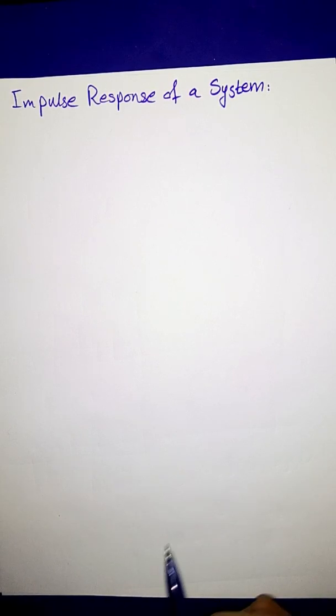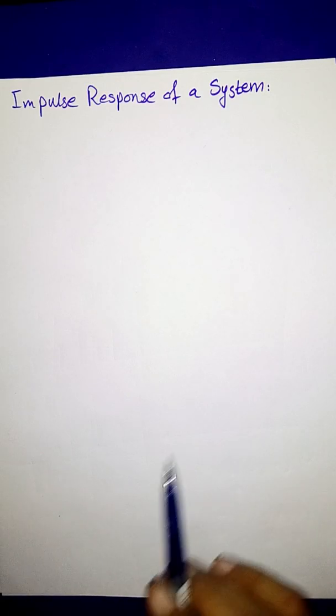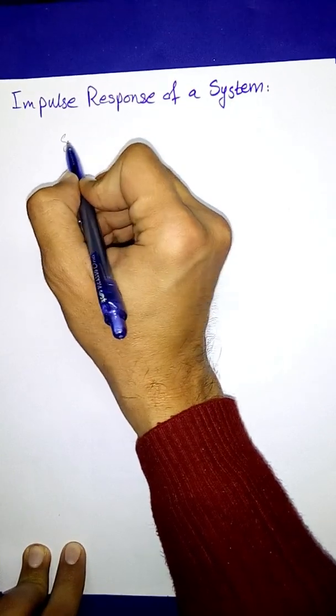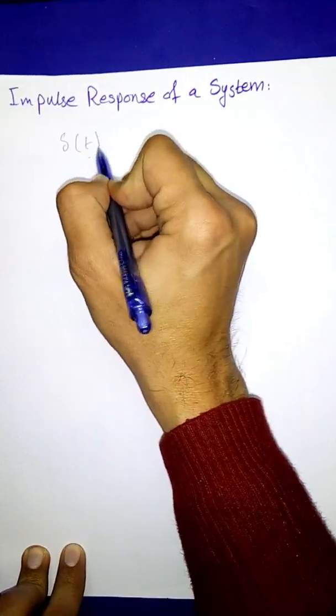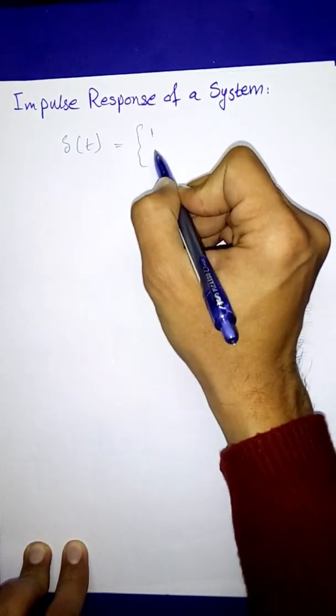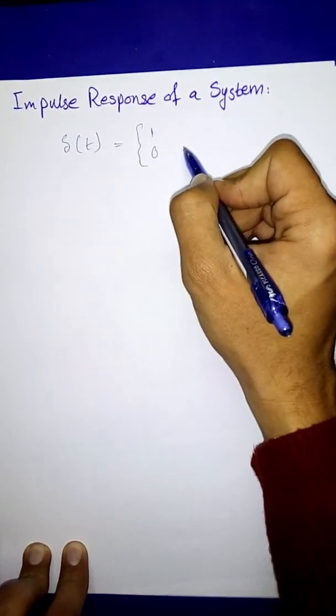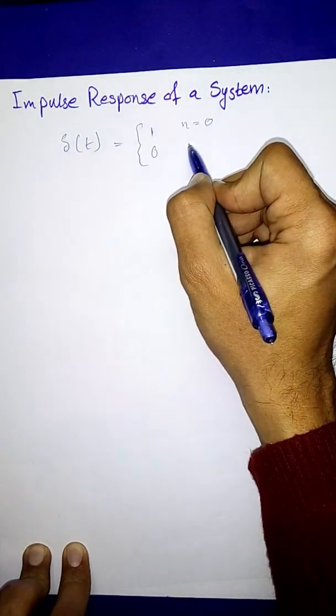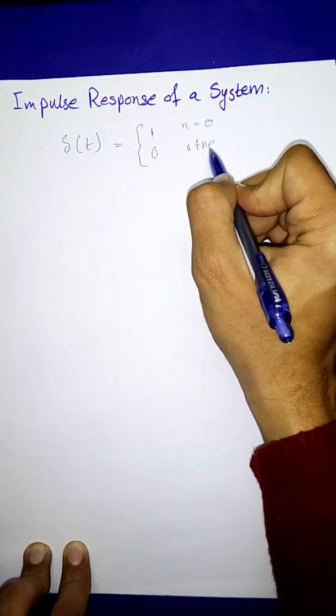Now we will discuss the impulse response of a system. As in the previous lecture, I have told you that the most important signal on which the whole basis of DSP has been laid is the unit impulse signal, which is 1 for n is equal to 0 and 0 otherwise.